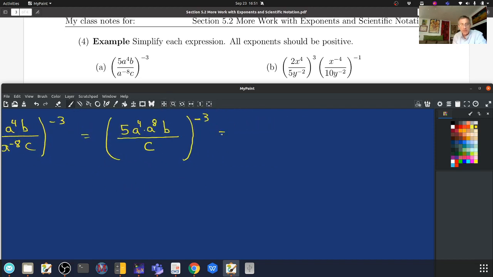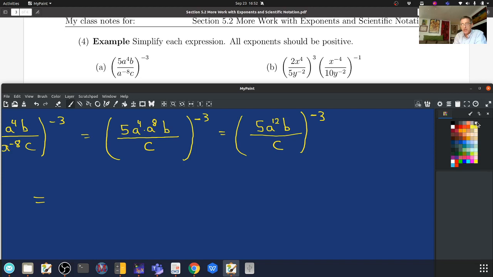So this is going to be equal to, again, just simplifying the numerator. 5a, so this is just the plain old product rule. 4 plus 8 is 12. And there I have multiplied by my b, then my c. Now, if you see what's going to happen, I'm going to use the power of a quotient rule.